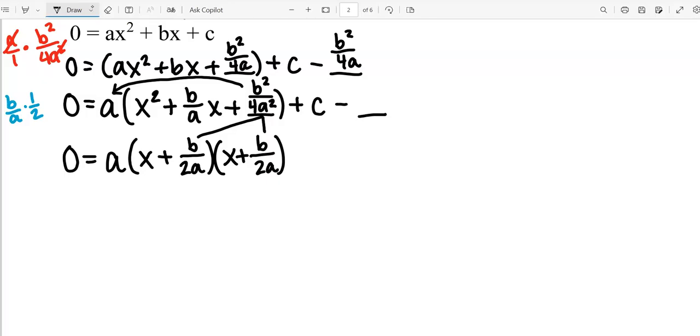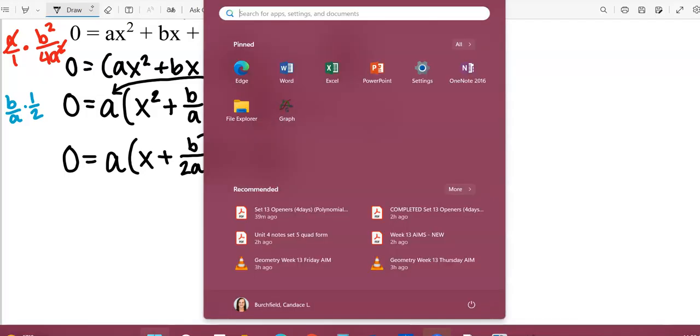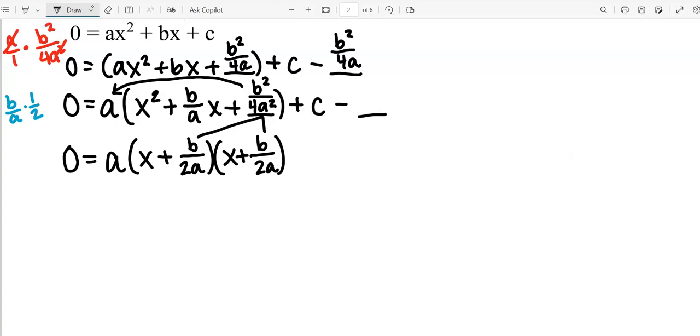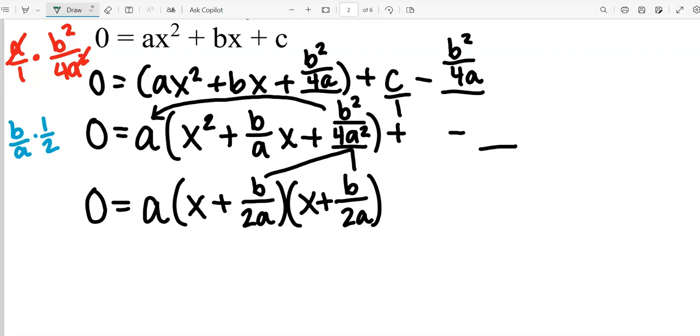Hey, can I get common denominators out there with that c? Yeah, I could do that, right? So this is really c over 1. Okay, if I want to get common denominators, how am I going to do that? Multiply by 4a top and bottom, right? What am I really multiplying by if I multiply that top and bottom? A 1.